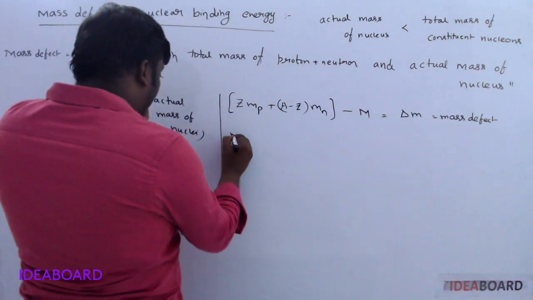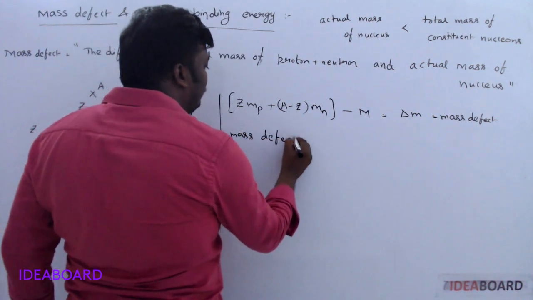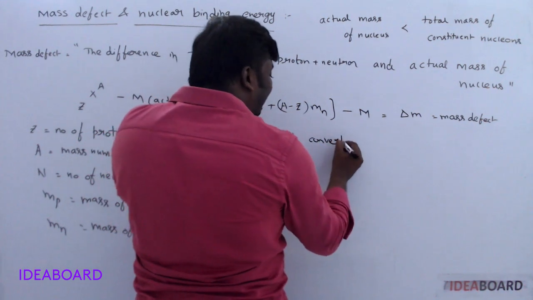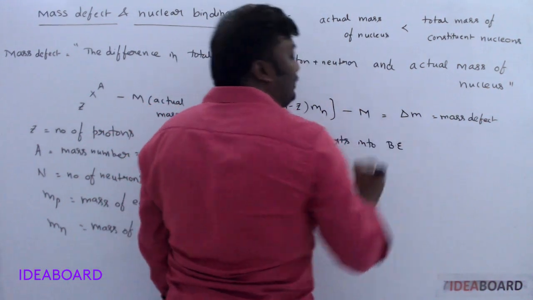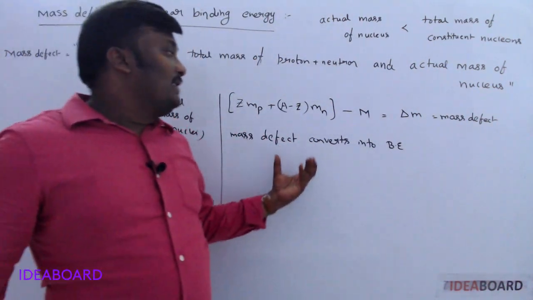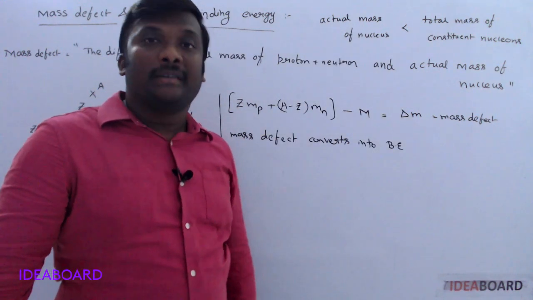This mass defect is converted into the binding energy of the nucleus. This mass defect appears as the binding energy of the nuclei.